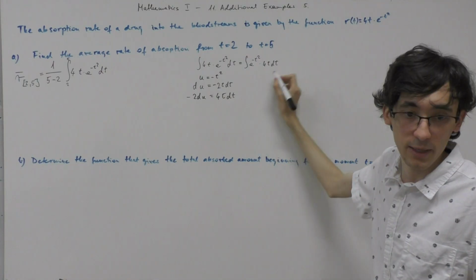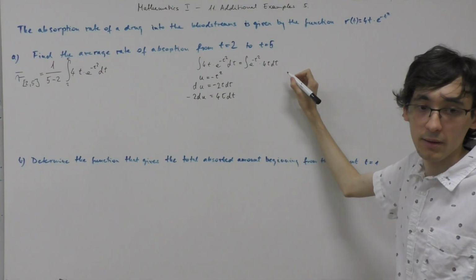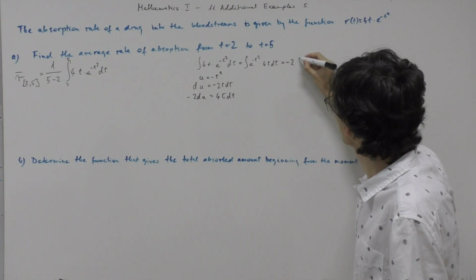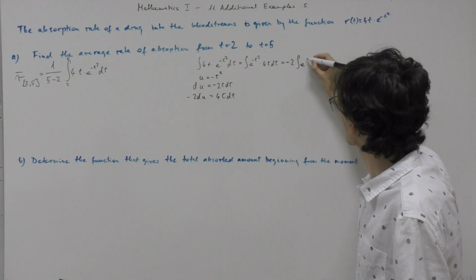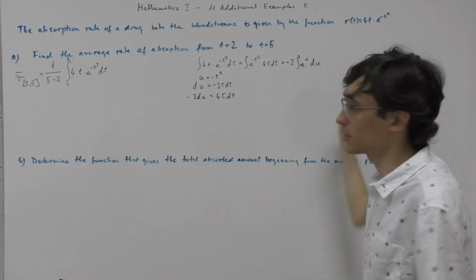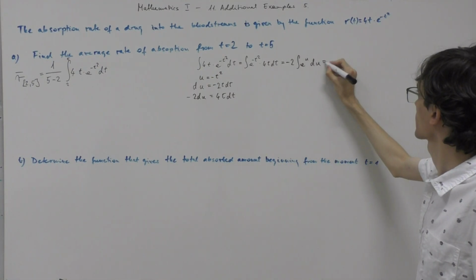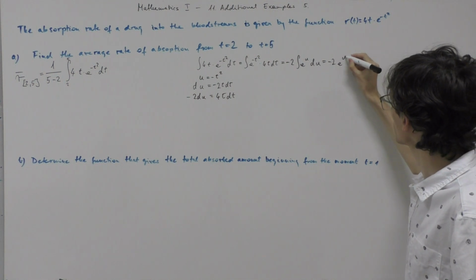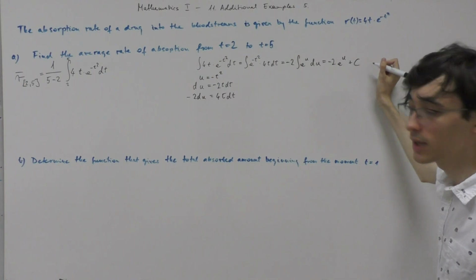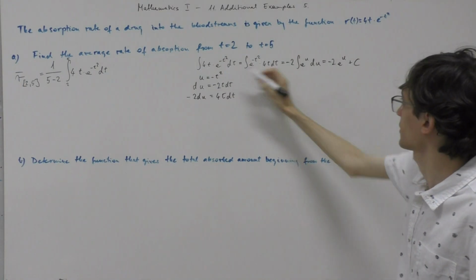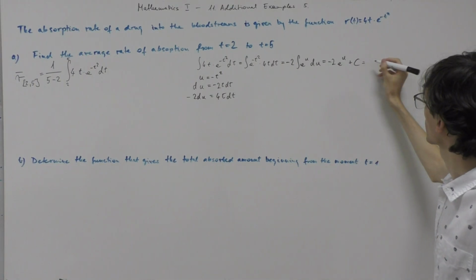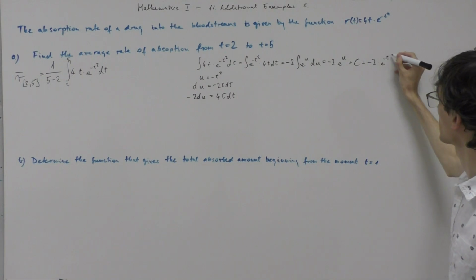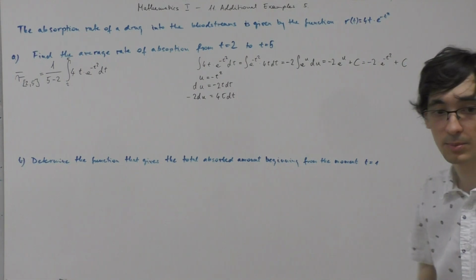And now we have the same thing in both places, so we can do the substitution, giving us negative 2 integral e to the u du, which is of course nothing else but negative 2 times e to the u plus some constant c, and let's write t in the place of u to get negative 2 times e to the negative t squared plus c.